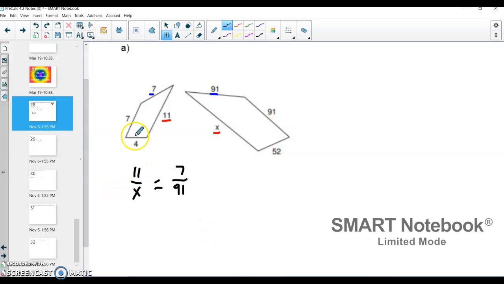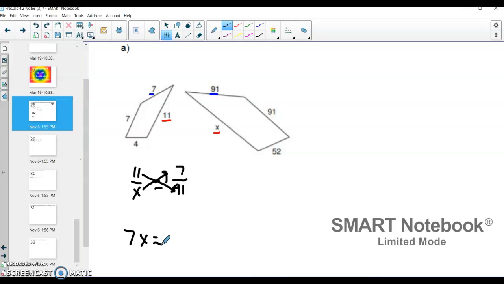Okay. Once I have these equivalent ratios, this fraction set equal to a fraction, I'm allowed to cross multiply and then solve. So I'm going to do x times 7 is one cross multiplication and 11 times 91. Well, x times 7, that's 7x. And then 11 times 91, let me grab my calculator.